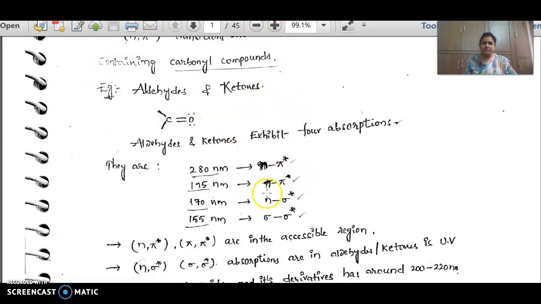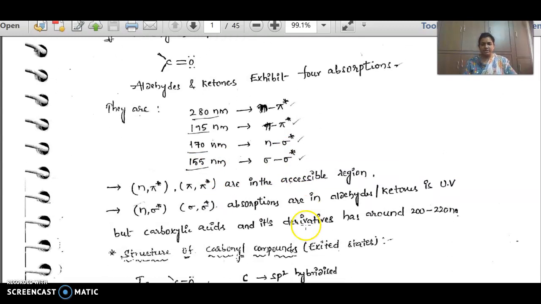In aldehydes and ketones we have four possibilities of absorption: n to pi star, pi to pi star, n to sigma star, and sigma to sigma star. The absorption values are 280 nanometers for n to pi star, 190 for pi to pi star, 170 for n to sigma star, and 155 for sigma to sigma star.